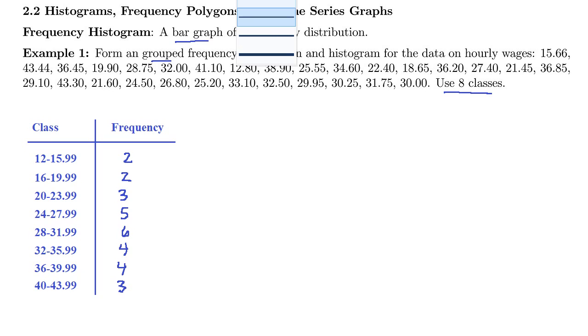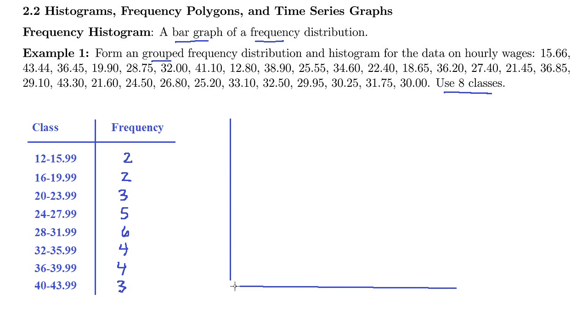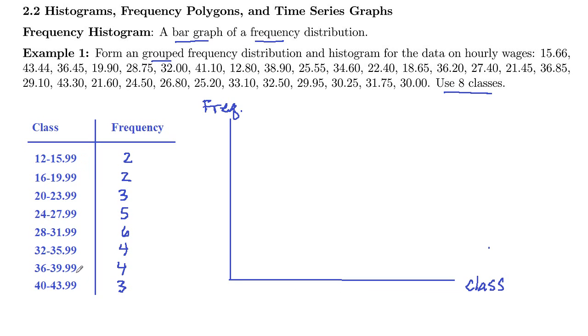So let's get our horizontal and vertical axes going. The vertical is going to be frequency, and our horizontal axis is going to be our class. This is a histogram, so there's no space between these classes; they will line up right next to each other. I'm going to do the cutoffs here.